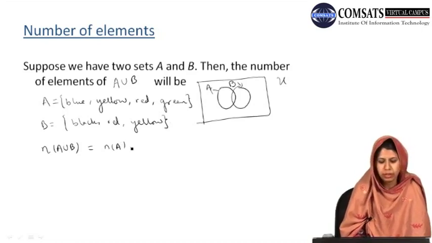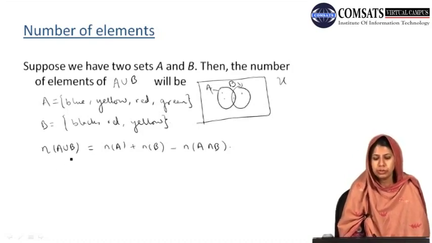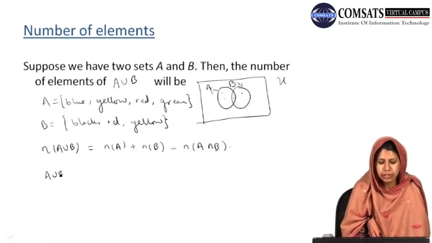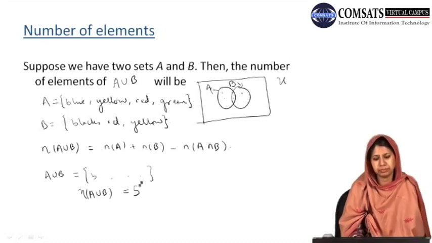Then the number of elements of A union B will be the number of elements of the set A plus the number of elements of the set B minus the number of elements which are common to both. Here A union B, which we calculated in our previous lecture, had 5 balls, that is the black ball, blue ball, yellow, red and green ball, which means that A union B in this case has 5 elements.